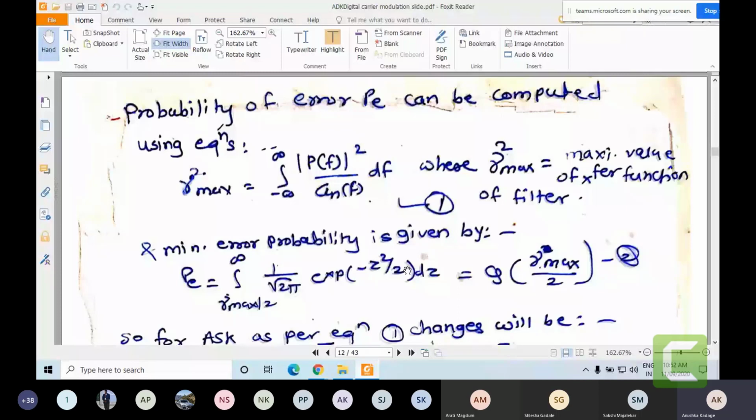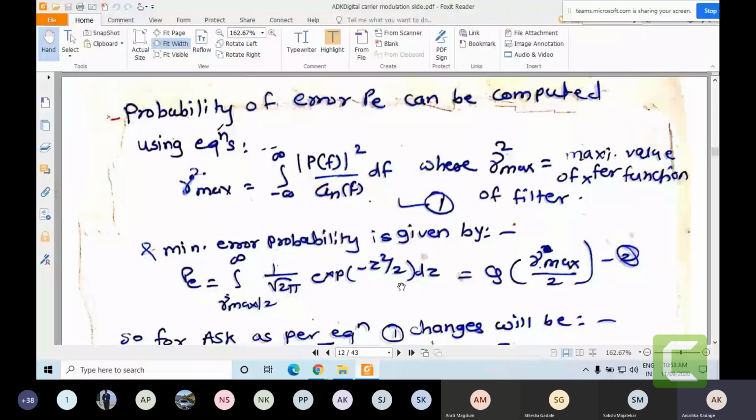And that's why the probability of error equation will change as integration from gamma max divided by 2 to plus infinity, 1 divided by under root 2 pi, as sigma square is equal to 1 over here, exponential term e raised to here actually x square, but x is your received signal, so it is z square divided by 2.